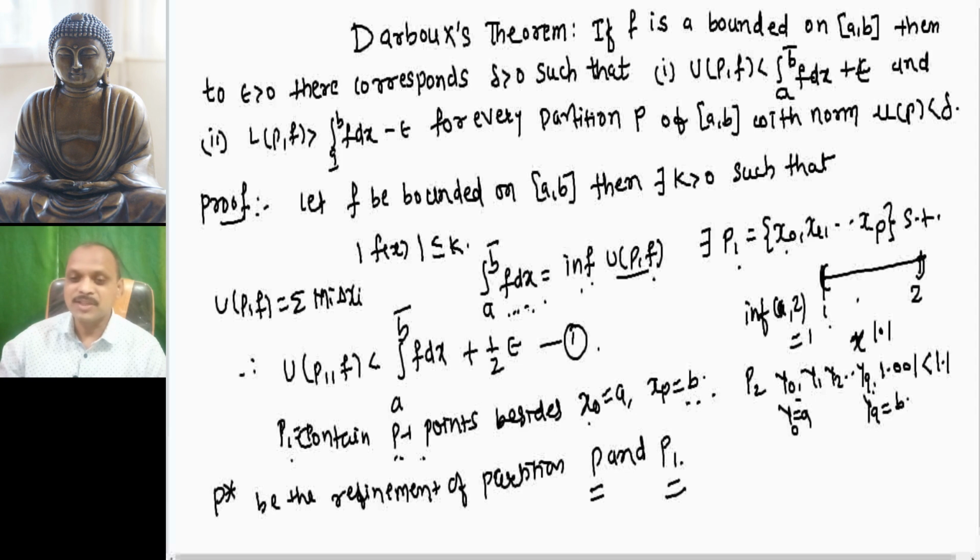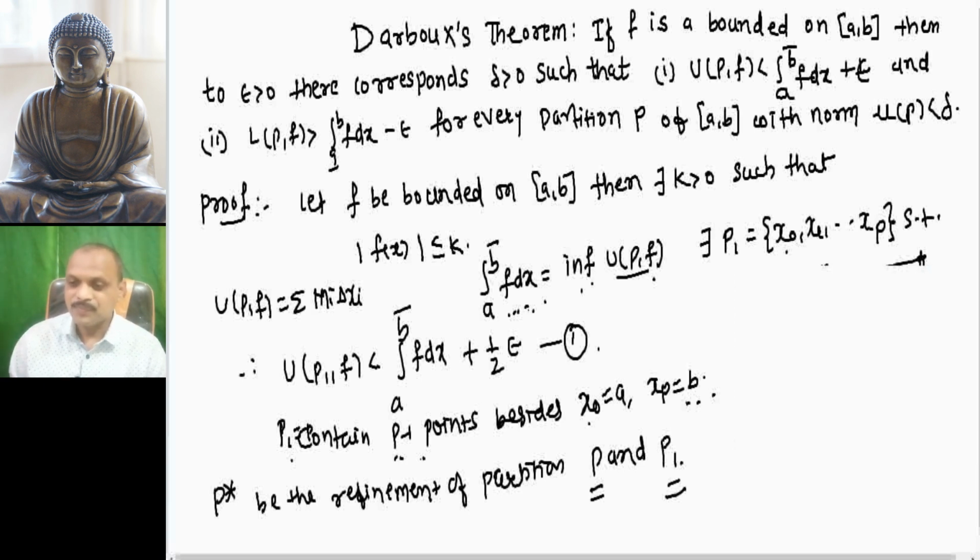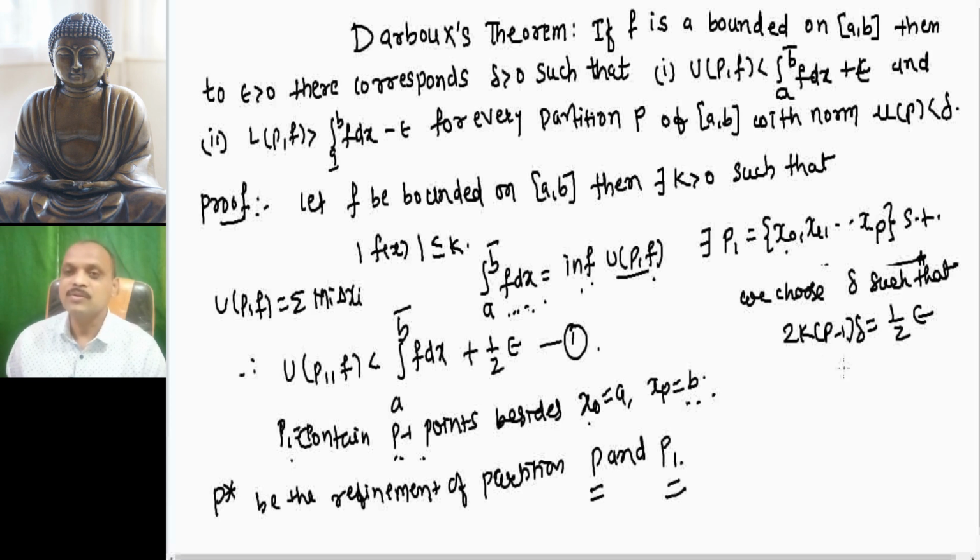Let us make some assumptions. Now here we choose delta such that 2k(p minus 1) into delta equals 1 by 2 epsilon, and this partition P is chosen such that mu of P is less than delta.